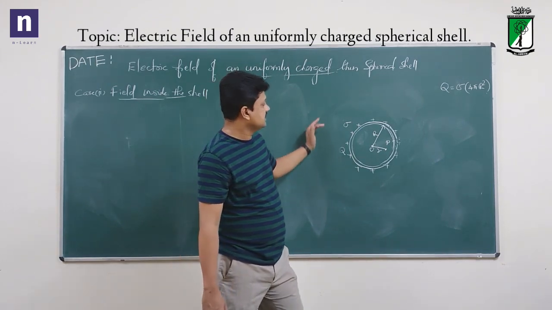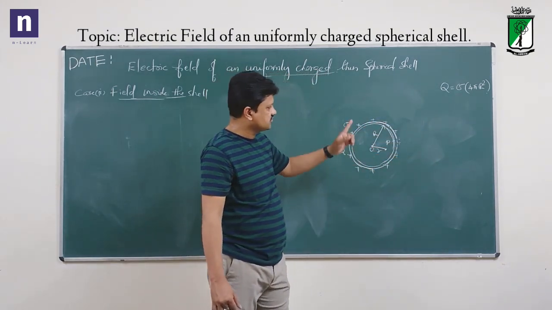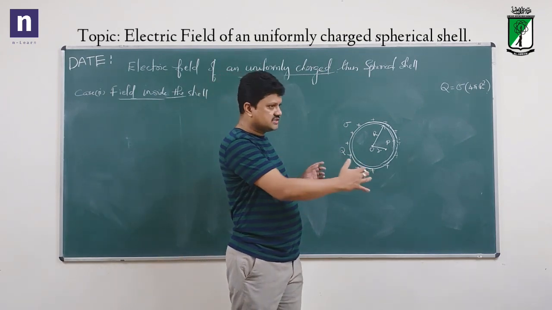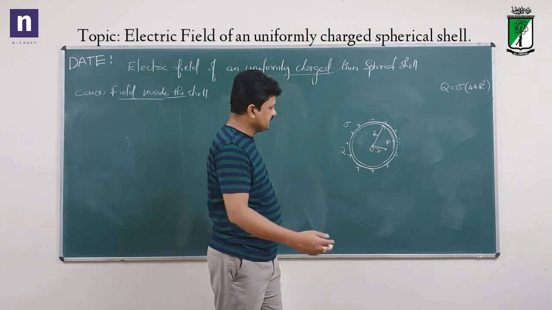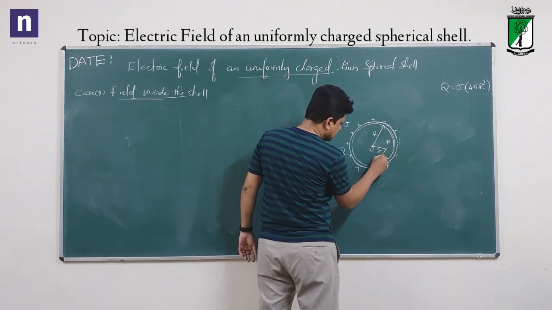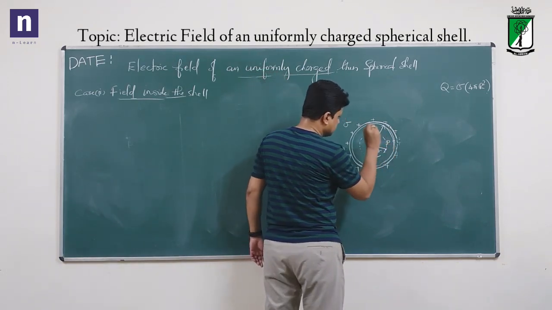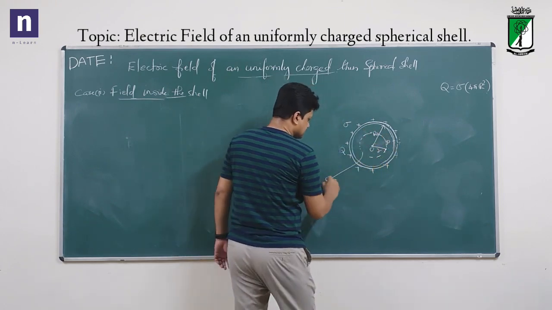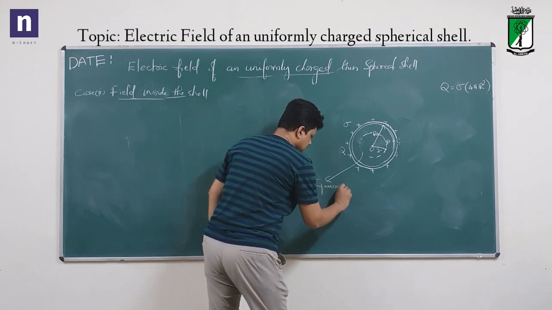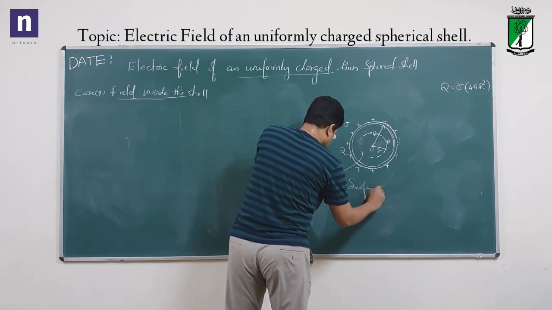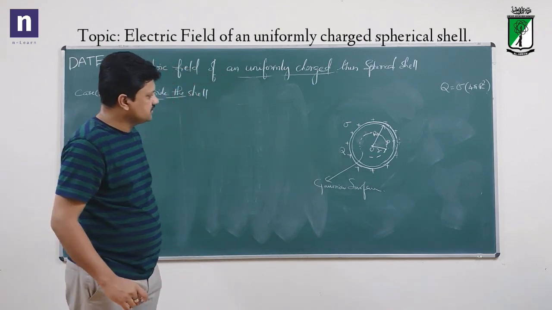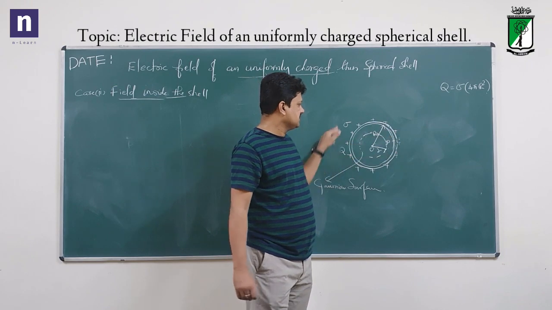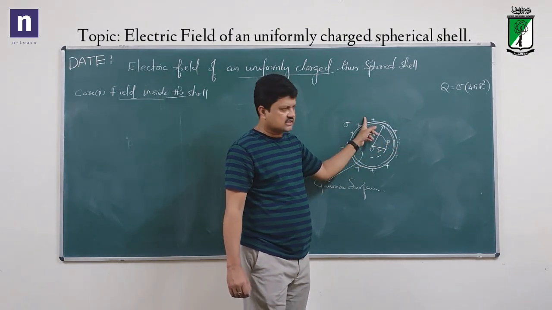We considered an imaginary surface called a Gaussian surface, which was passing through the given point P, and it was a closed surface concentric to the shell. Same thing we'll repeat here. So this is the imaginary Gaussian surface. What is its radius? Once again small r, whereas capital R is the radius of the shell, which is charged uniformly.